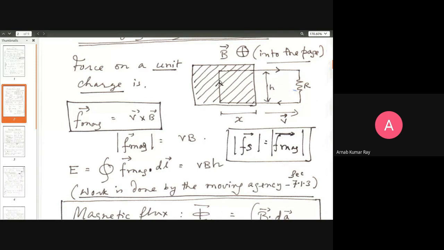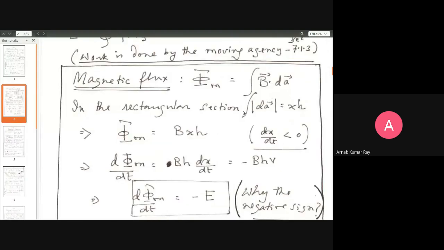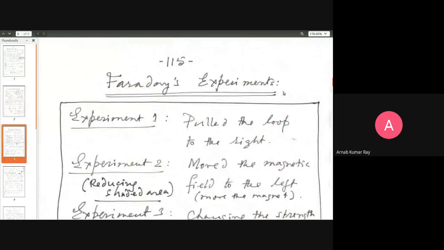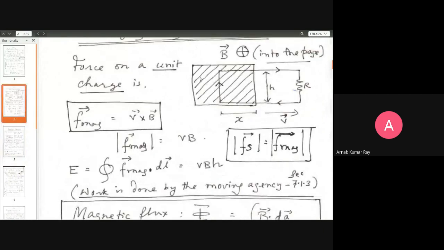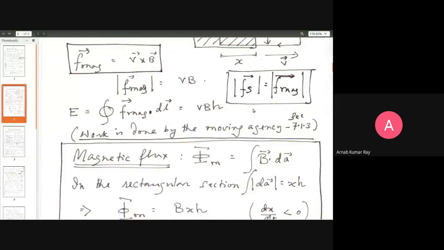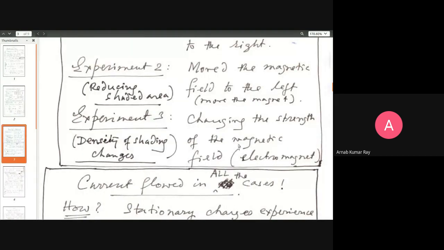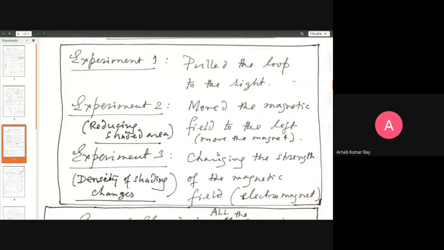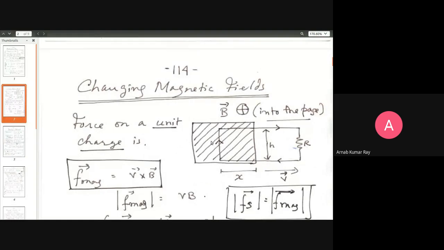Now what we see, we have not moved this wire loop, we have only shifted the magnetic field to the left-hand side, as in the second experiment. Or we have just increased the shading in this region, as in the third experiment. Change the strength of the magnetic field, that is to say, increase the density of the shading.